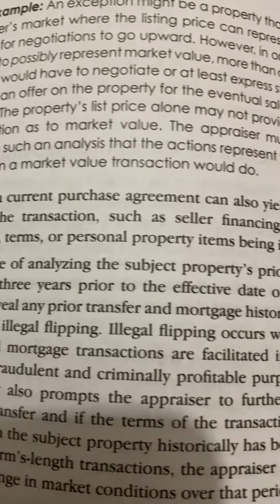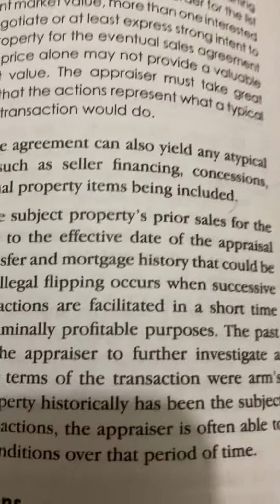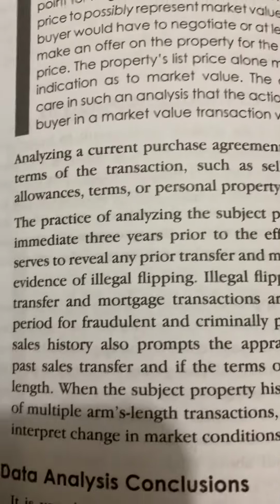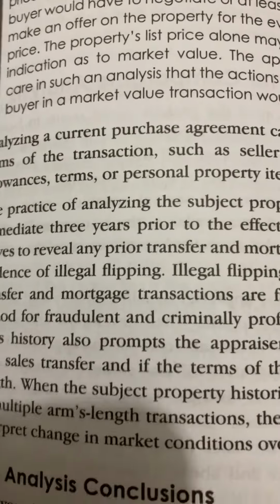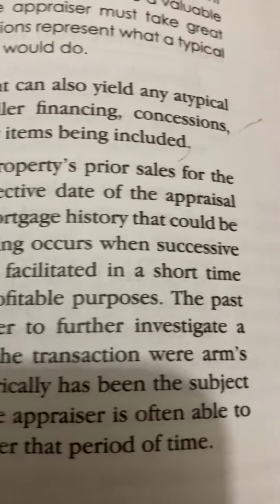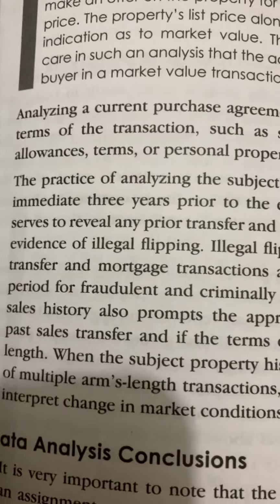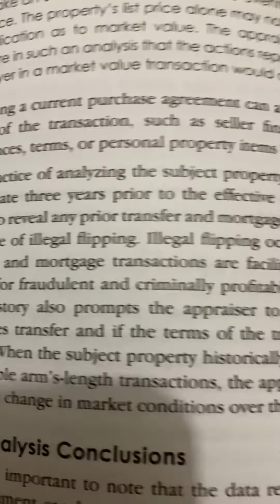Analyzing a current purchase agreement can also yield any atypical terms of the transaction, such as seller financing, concessions, allowances, terms, or personal property items being included. The practice of analyzing the subject property's prior sales for the immediate 3 years prior to the effective date of the appraisal serves to reveal any prior transfer and mortgage history that could be evidence of illegal flipping.